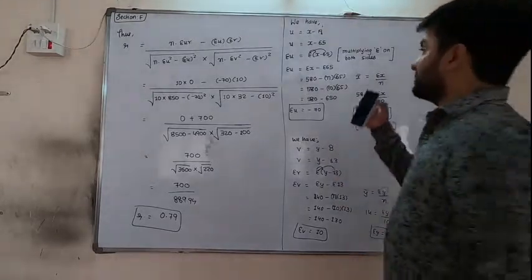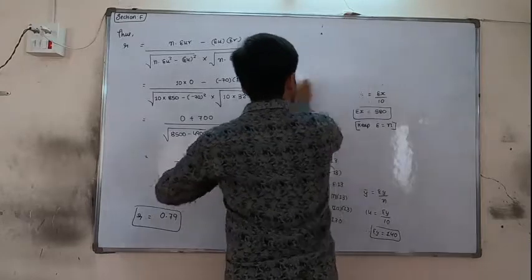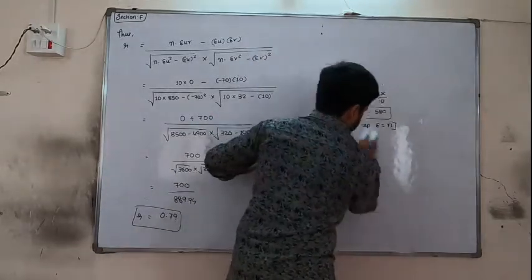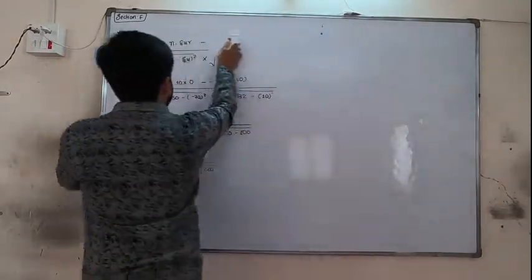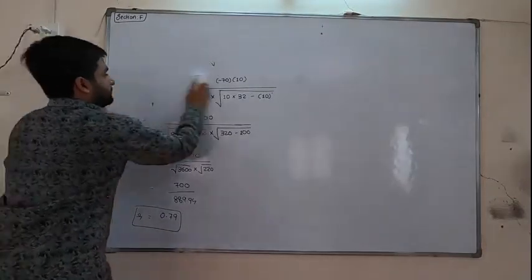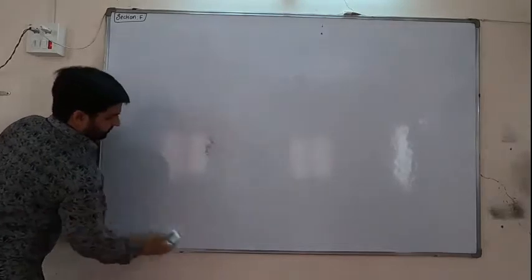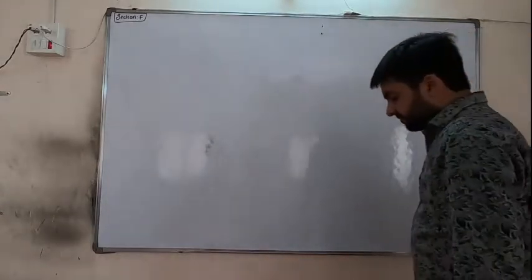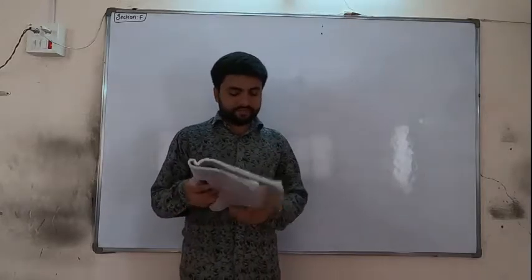Okay, so now the last sum is left, that is the 11th sum. The twelfth sum is ignored and only the 11th sum is left.